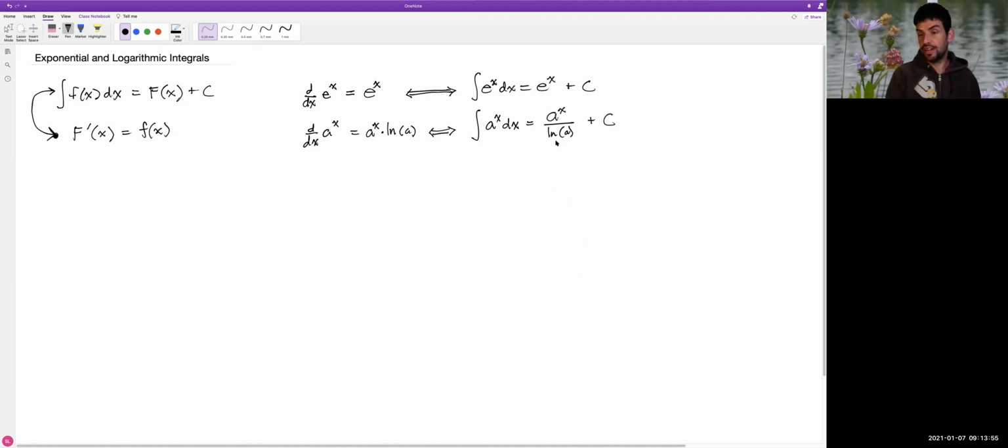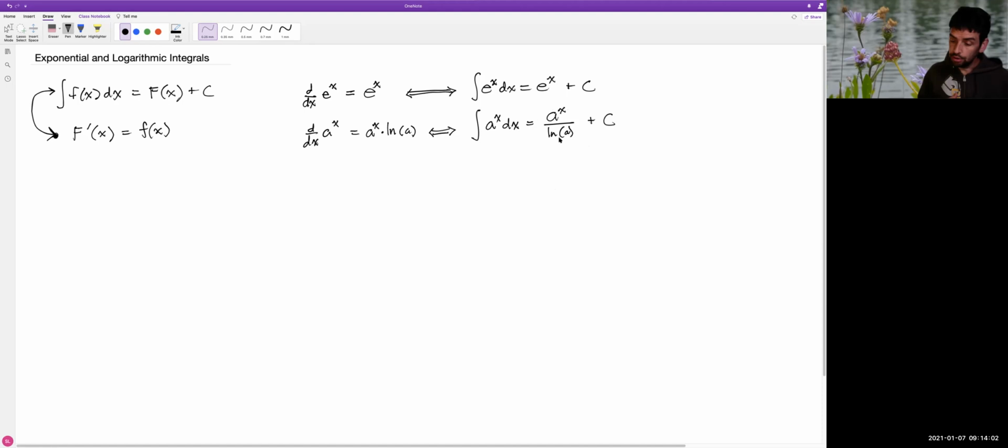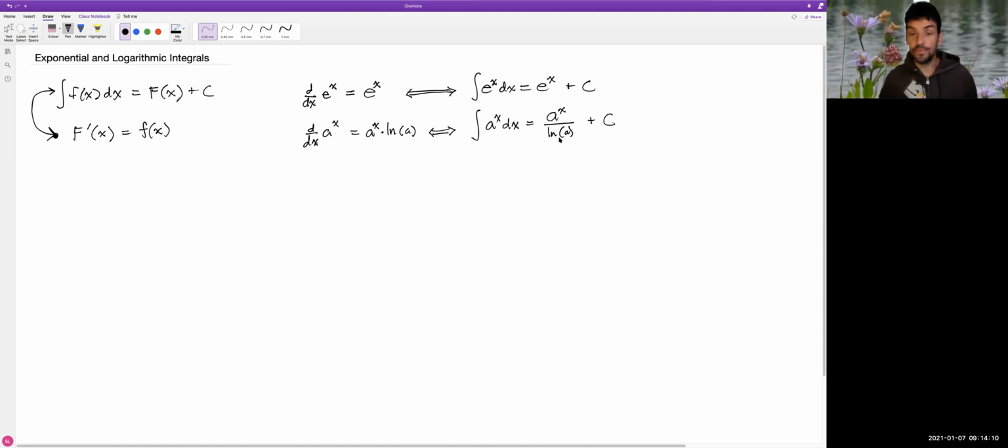And so when you take the derivative, this constant pops out, canceling with the one down there, so we get what we want. Okay, so these are our rules for taking antiderivatives of exponentials. We will certainly use the top one way more than the other one.